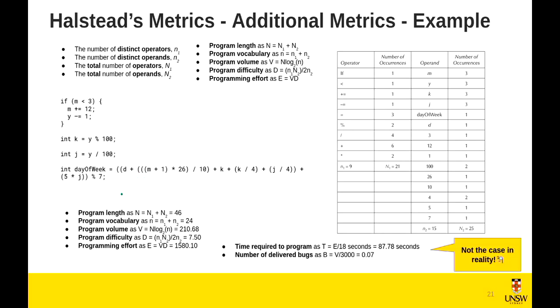So these two metrics are often not the case in reality. That's why I put them as additional metrics, and let's focus on using the rest of the metrics to measure the complexity of the programs here.